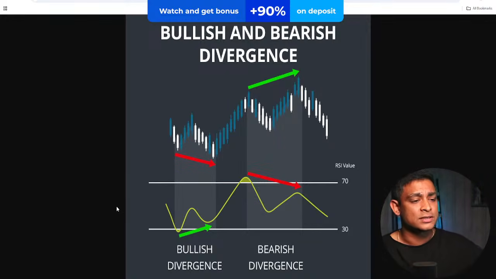Bullish divergence essentially means that the price is going to move up.